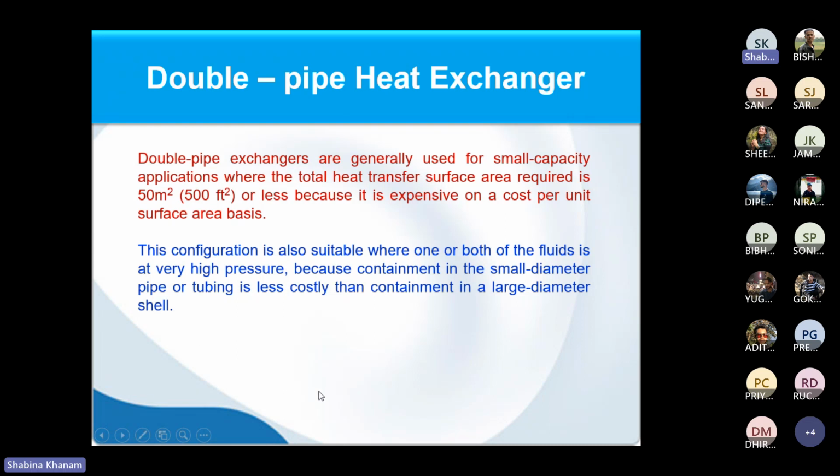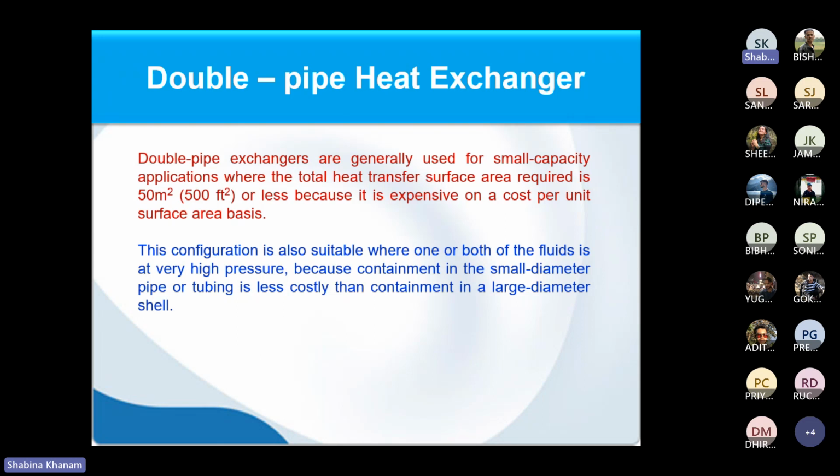Further, this configuration is more suitable where one or both of the fluids are at very high pressure, because containment in a small diameter pipe or tubing is less costly than containment in a large diameter shell.